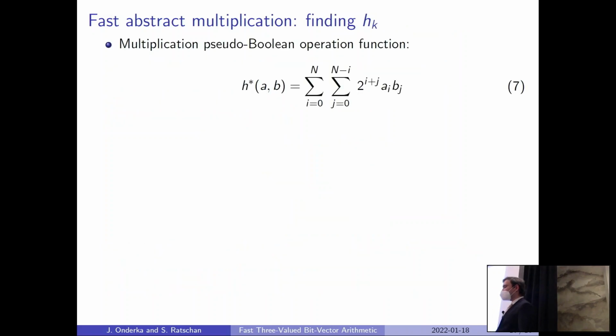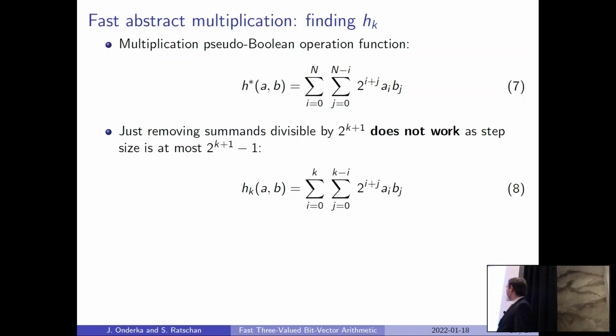Well, we can go back to our fast extreme finding technique and do things right. So the pseudo-Boolean operation function for multiplication is as in equation 7. And we could try to just remove summands that are divisible by 2 to the power of k plus 1.